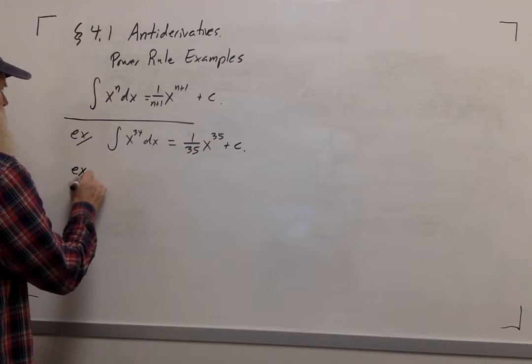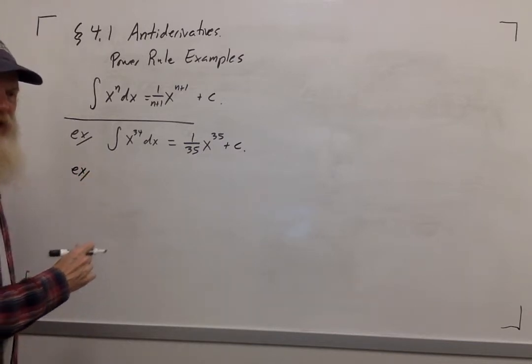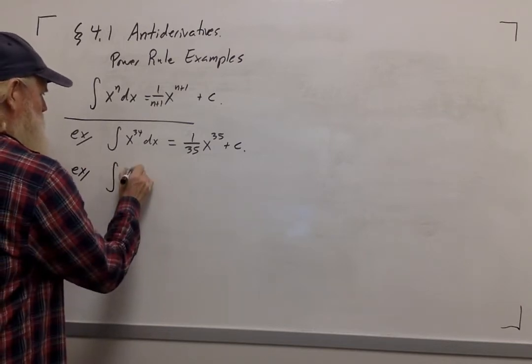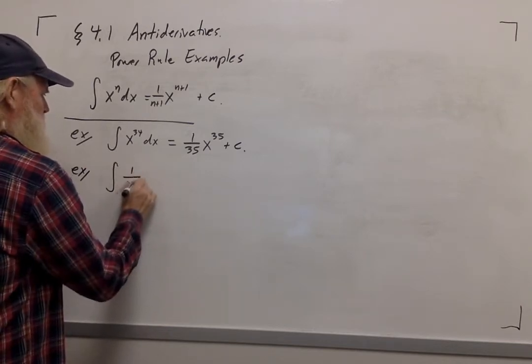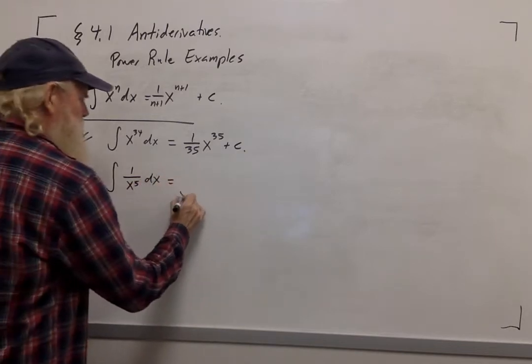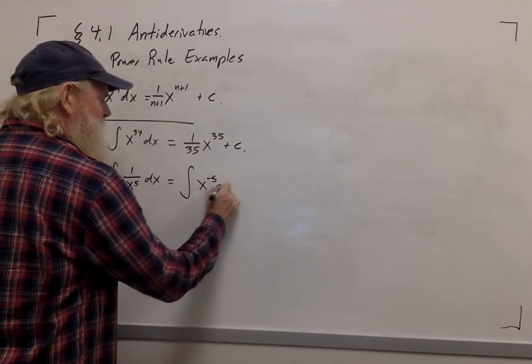Now where things get a little bit trickier is when your exponents are negative or when they're fractions. So for example, if we wanted the antiderivative of 1 over x to the 5th, then we might begin by rewriting this as x to the negative 5.